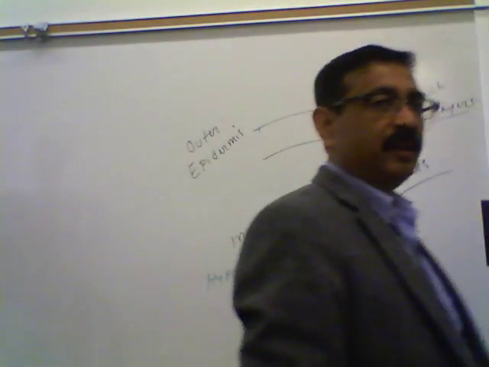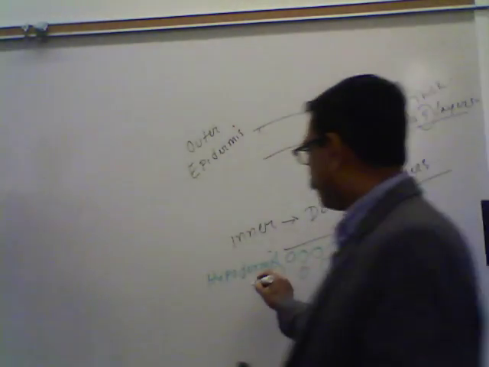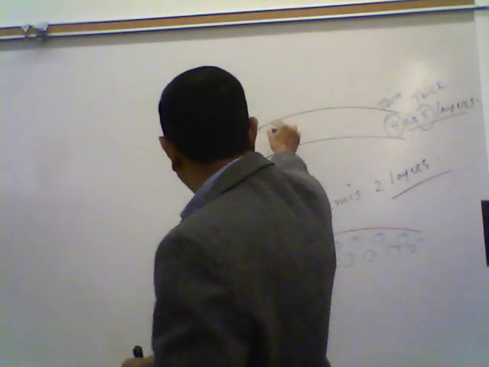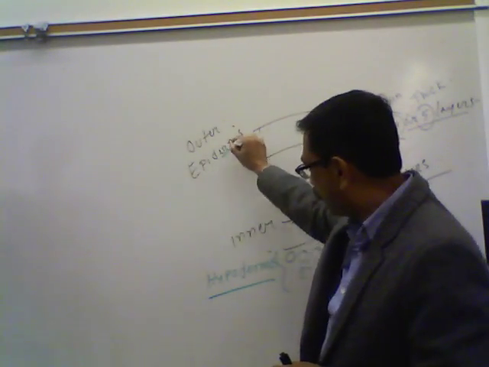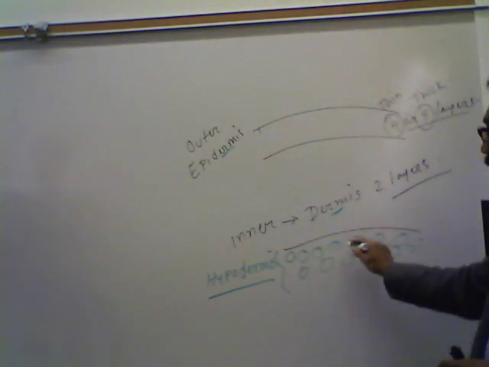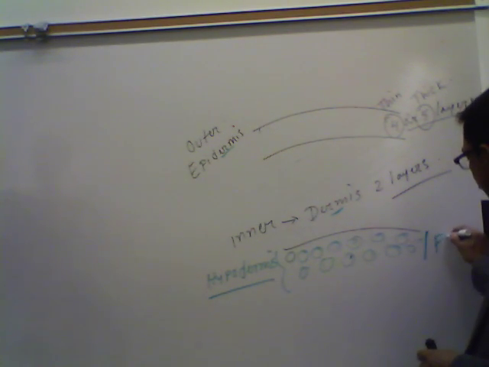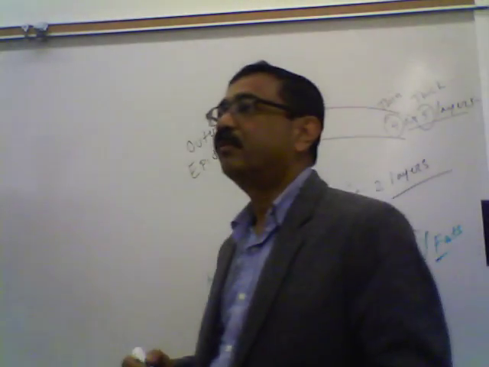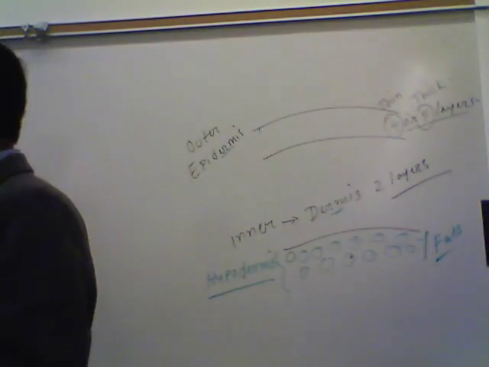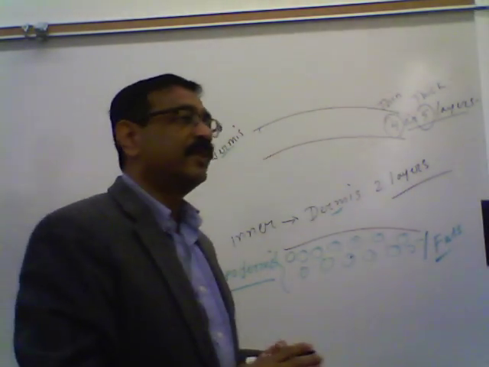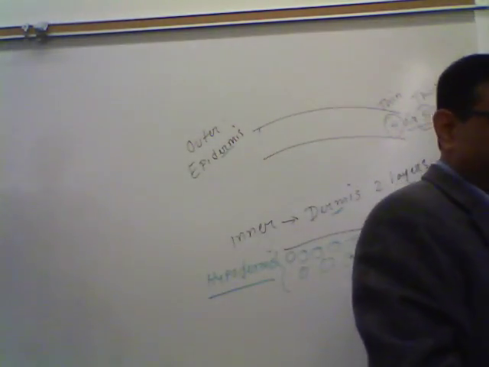But remember, this is not a layer of the skin. Skin has only 2 layers, outer epidermis, inner dermis. Okay? Hypodermis contains a lot of fats or adipose tissue. This is also called subcutaneous layer.